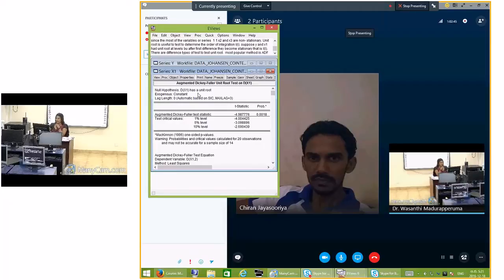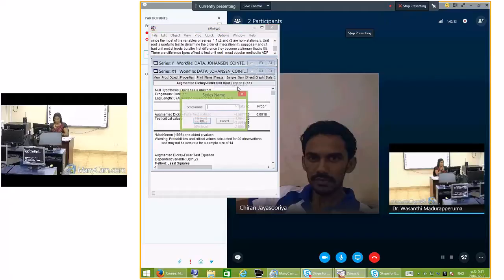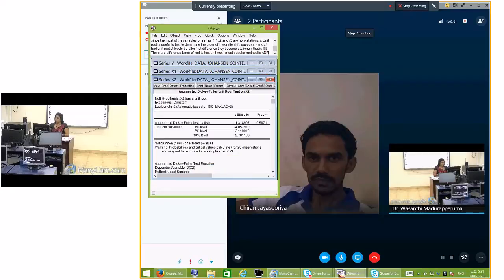Now the same process you need to do for each variable. Unit root x2. First go to the levels, then click OK. So x2 is also not stationary. It has a unit root in the levels.